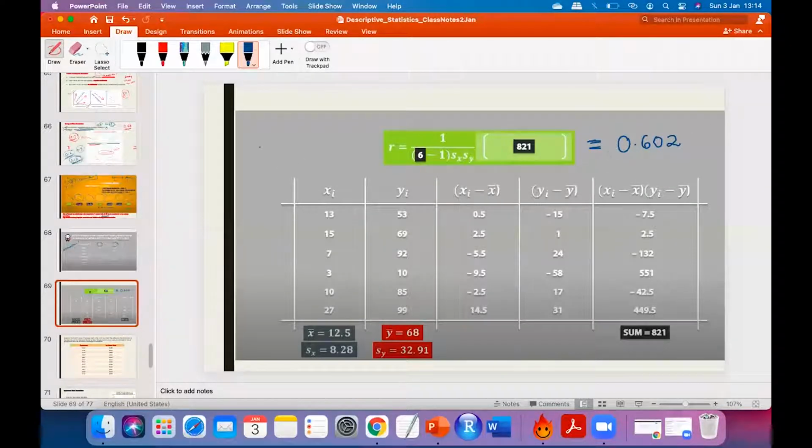So tell me, what is the direction and strength of the relationship? It's positive and weakly correlated. Not so strong.